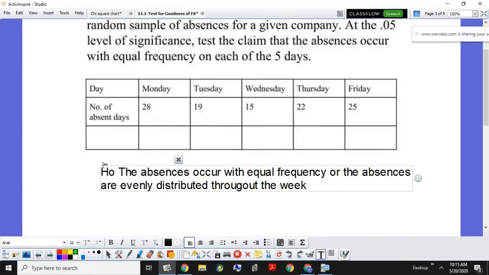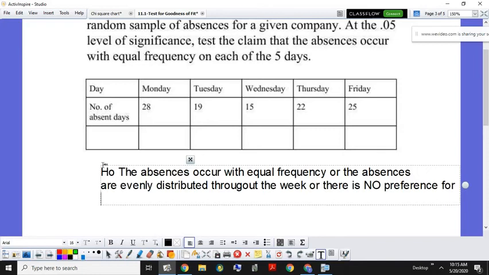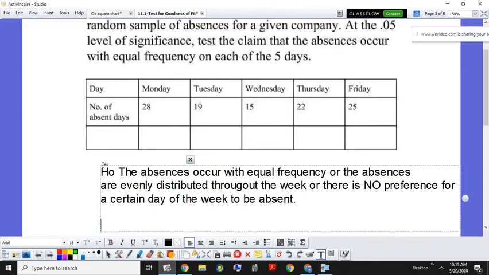I'm giving you 3 different Hos. Or you could say, remember I said Ho goes with no, there is no preference for a certain day of the week to be absent. Okay, I gave you 3 Hos there.